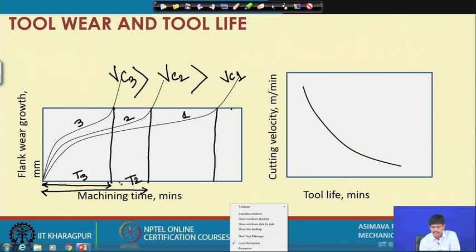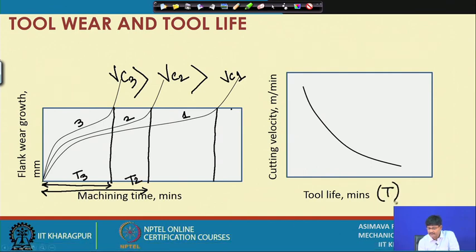Now if I plot tool life on this axis, I call it T, and cutting velocity along the other axis, let me call it Vc, we understand that there is a particular relationship expressed by this smooth curve, where this value is tool life and this value is cutting speed.